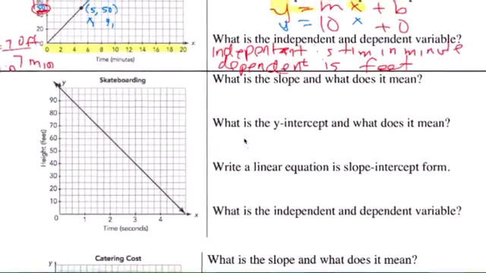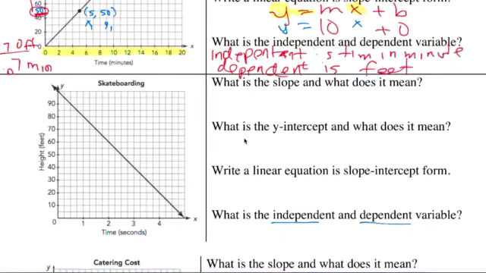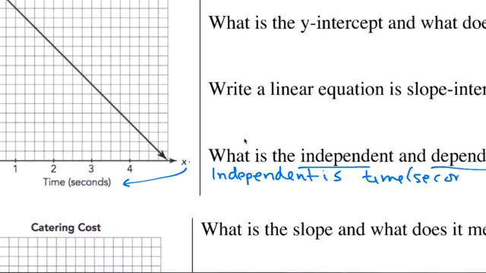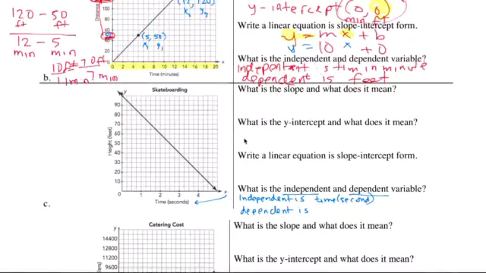Right, the independent and dependent variable, we're going to do that first. And in all of these, independent is the x. So independent is time in seconds, and dependent is height in feet, what y means.